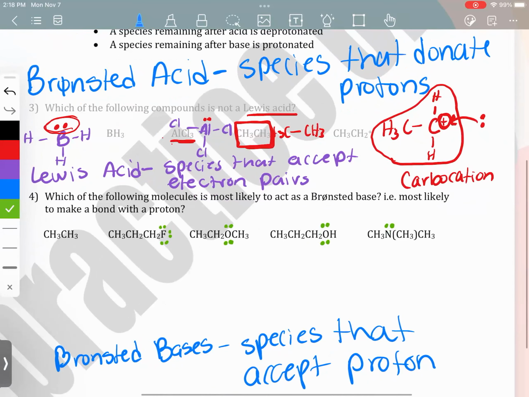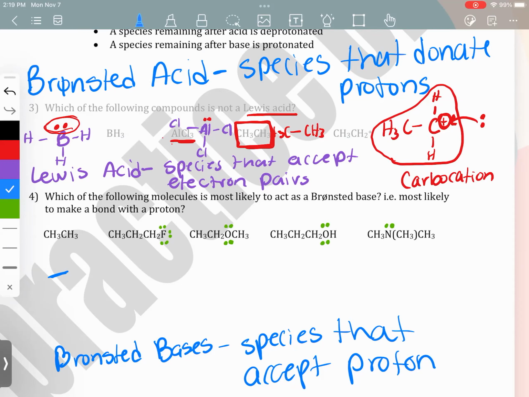Now, you see these electrons, right? So in order to figure out which one will react with the proton, what do you think we have to look at now? The species that accepts the proton? Yeah, you have all these non-bonding pairs.